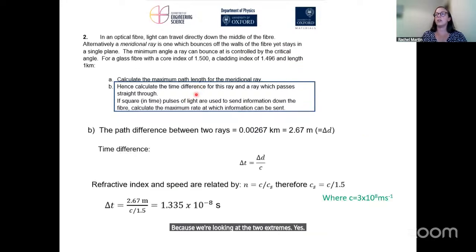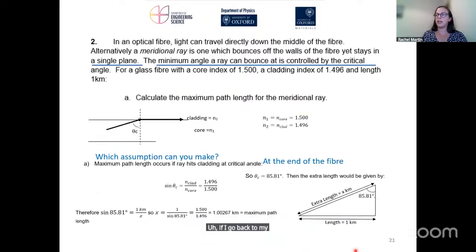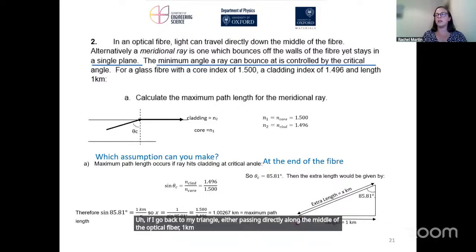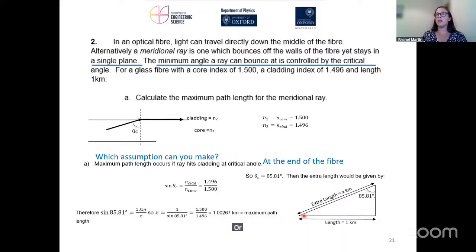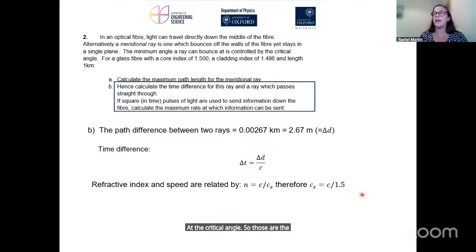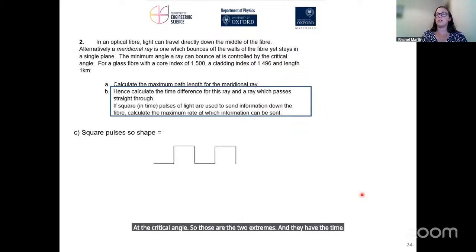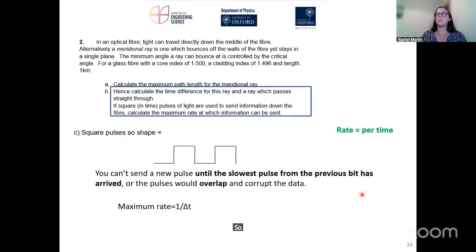Yes, there might be other paths that the ray takes, but we're saying the most extreme differences in the rays are, if I go back to my triangle, either passing directly along the middle of the optical fiber, 1 kilometer, or the meridional ray, the one that travels and hits the edge of the optical fiber at the critical angle. So those are the two extremes, and they have the time difference that we've just calculated. Those are the extremes we need to consider in the maximum rate of information.